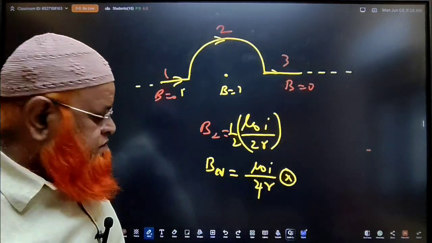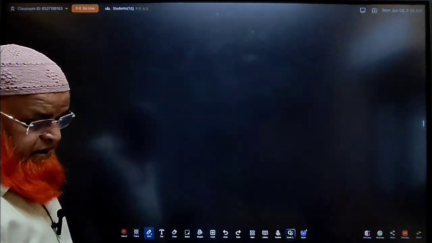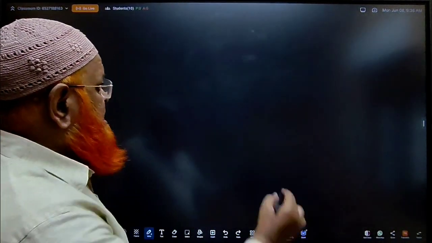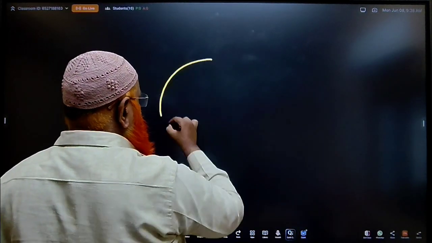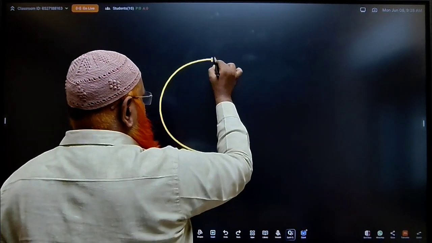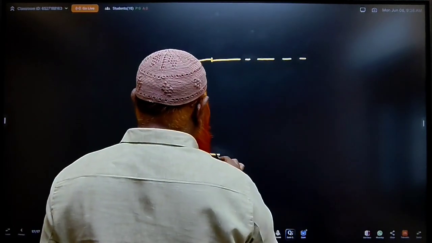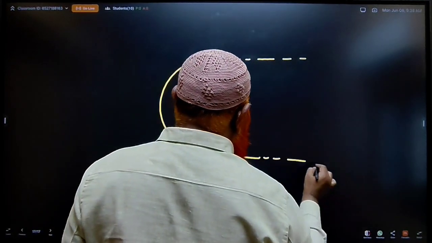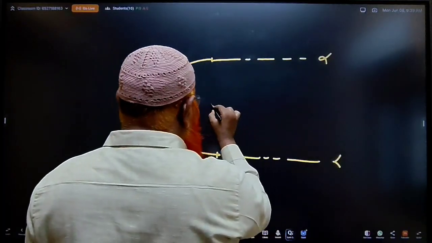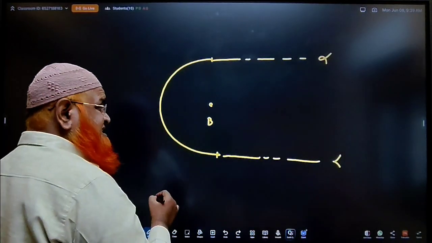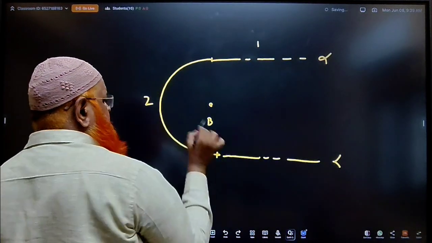Is it clear what I'm saying? Now the next model is like this. From here a wire is there which is infinite, and from here the wire is also infinite. At this point you want to find the net magnetic induction. First part of the wire, second part, third part.